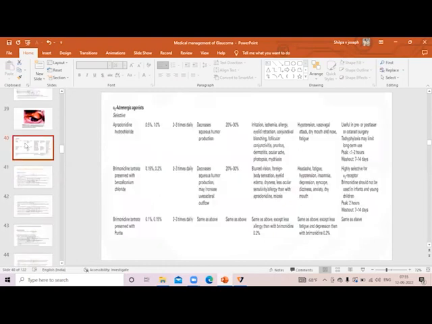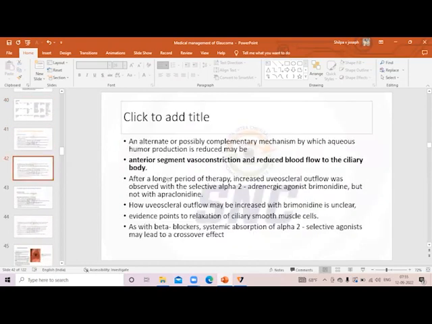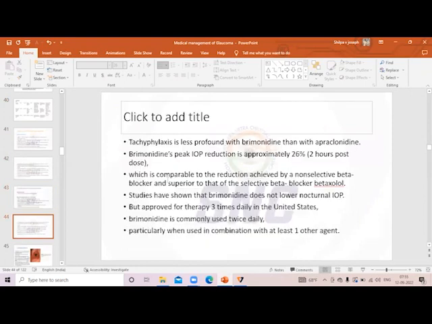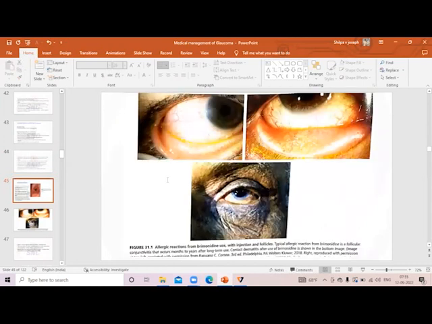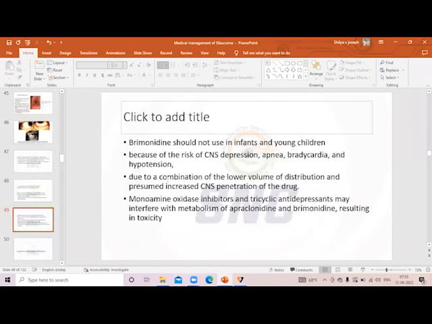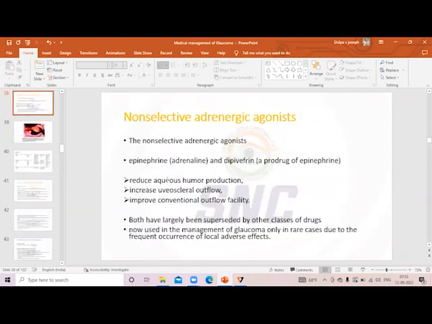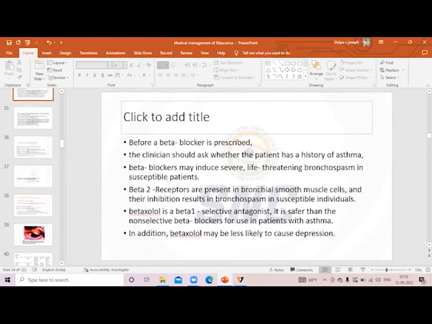They are targeting the mechanical pathogenesis and sometimes the vascular one. With neuroprotection we are talking about glutamate induced excitotoxicity, nitric oxide inhibition, and calcium induced apoptosis.